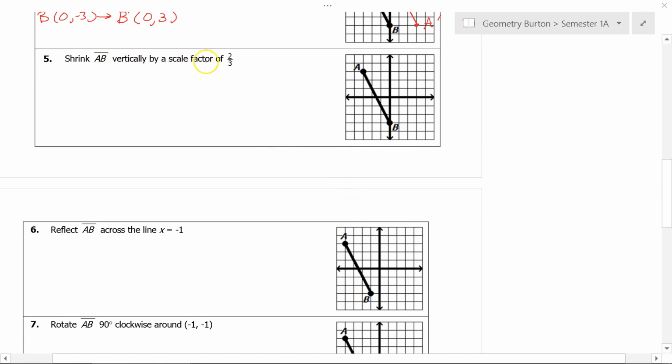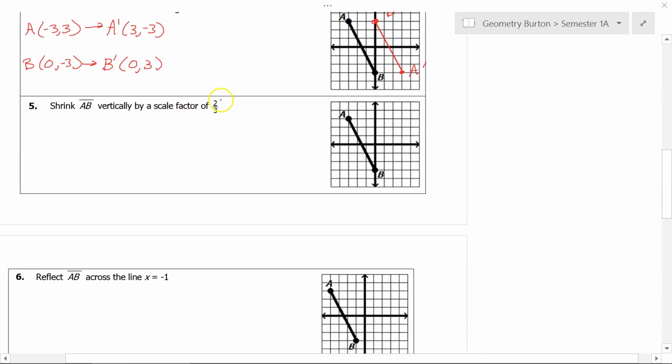Shrink vertically by a scale factor of 2/3. So look, a vertical shrink is only going to affect a y value. So if I have a point like x comma y, if I'm going to do a vertical shrink, I'm just going to multiply the y value by the scale factor.